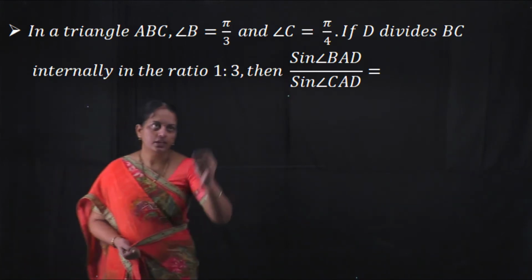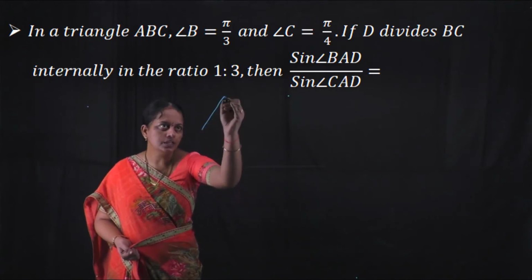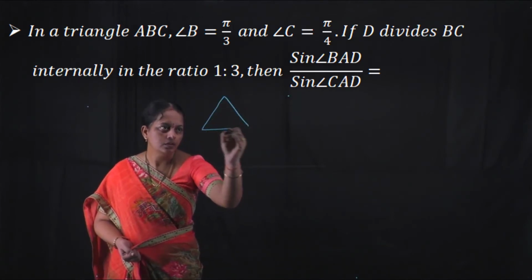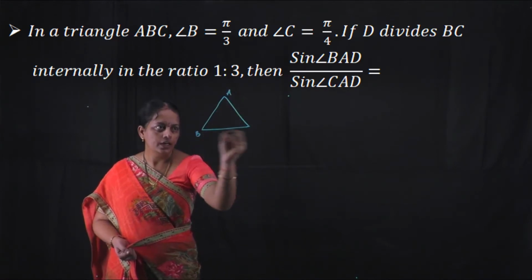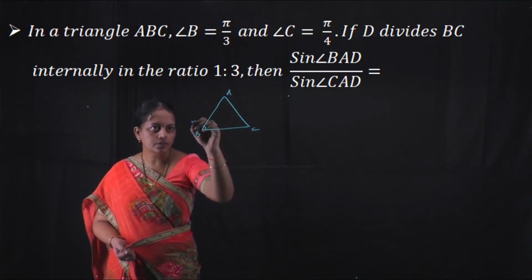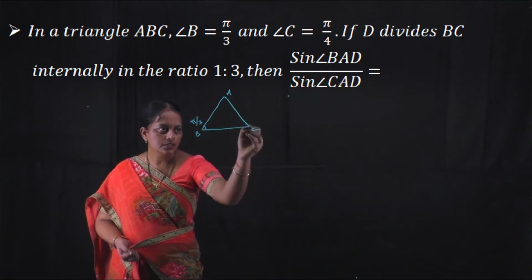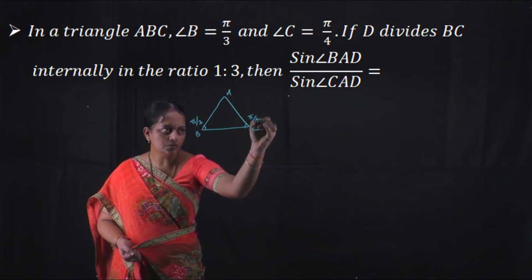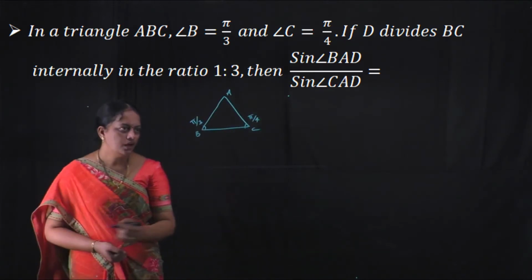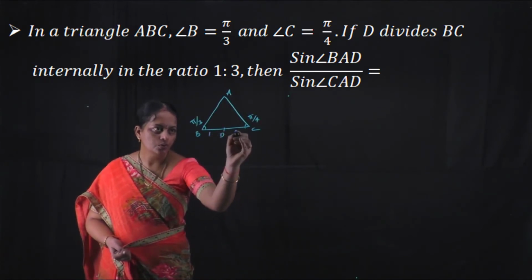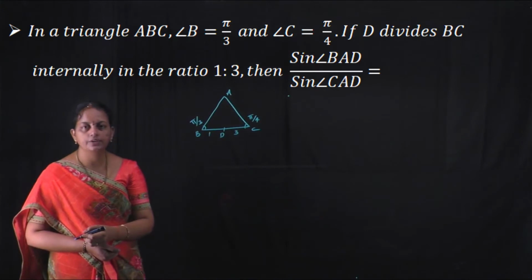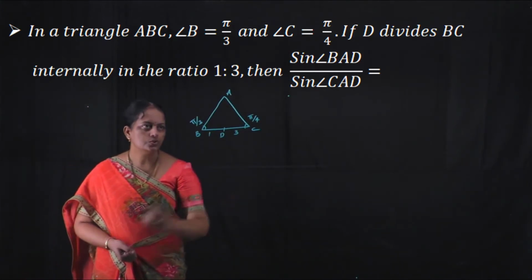We are given that in triangle ABC, angle B is 60 degrees and angle C is 45 degrees, and D divides BC in the ratio 1:3. Join AD.